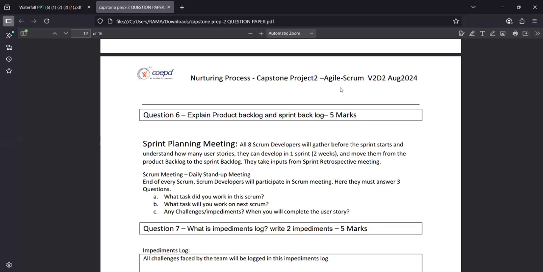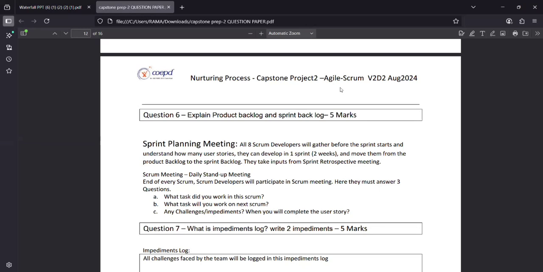Whatever 10 features we have taken for sprint one come under the sprint backlog. It is a list of selected items from the product backlog that the team commits to deliver in a specific sprint. So the sprint backlog is a subset of the product backlog.